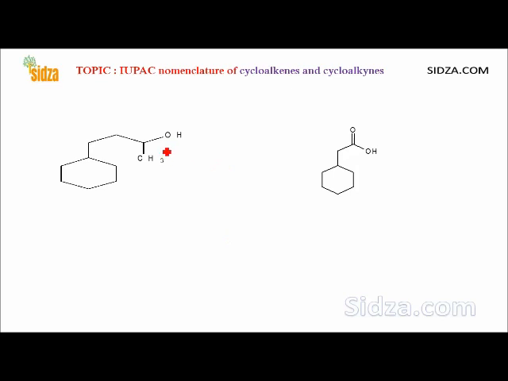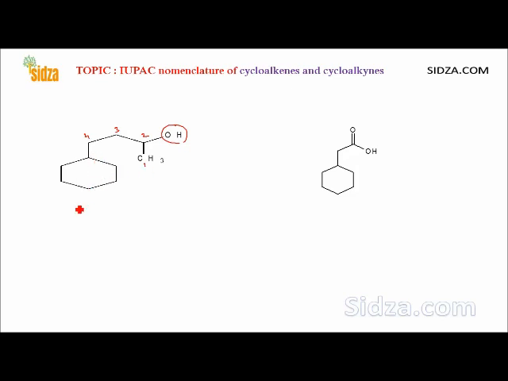So again, let's take this example. We have a 6-member cyclic ring, but we have only 4 carbon atoms in the chain. Because of the functional group OH in the alkyl chain, this one will be taken as the parent chain and the cyclic ring will be taken as a substituent group. So this CH3 gets number 1, number 2 here, number 3 here, number 4 here.